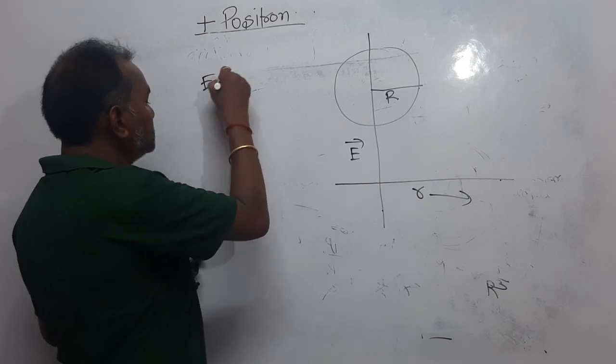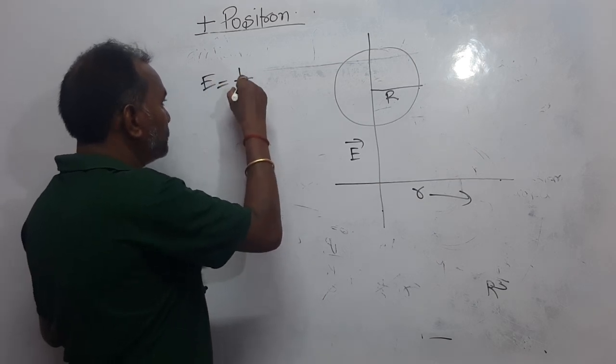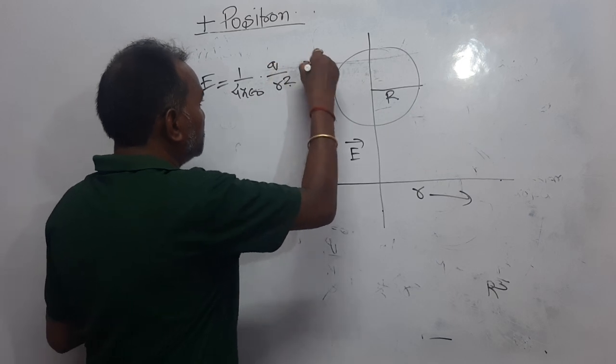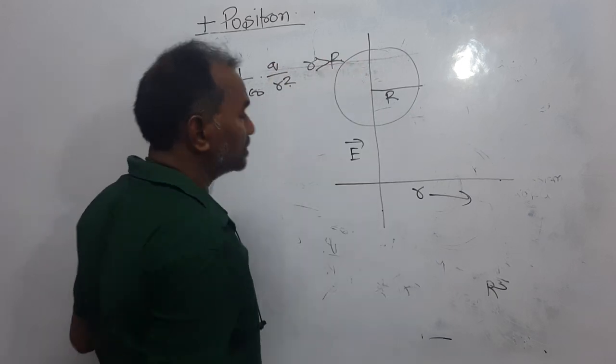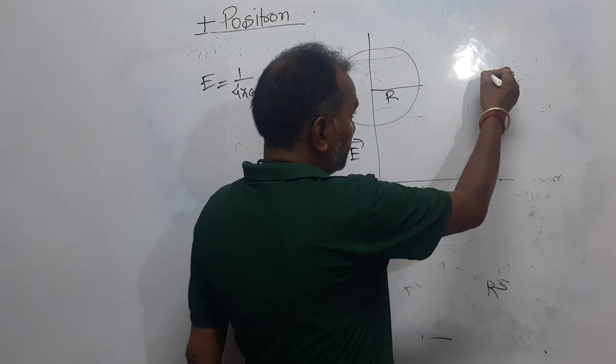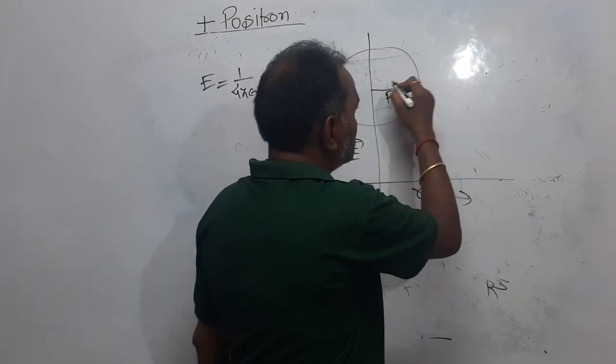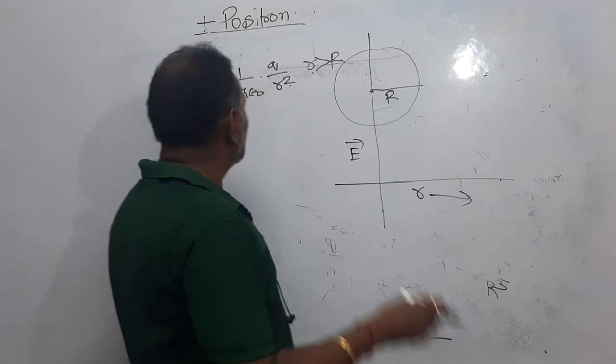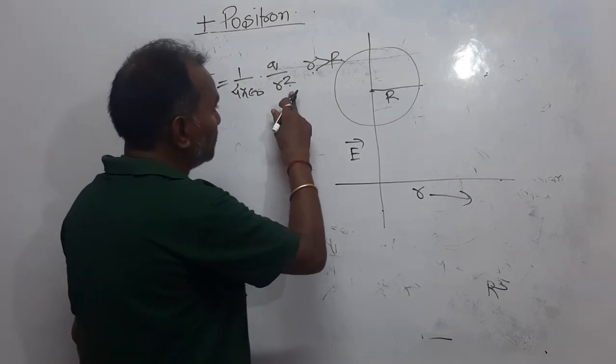Outside the sphere, E is equal to 1 upon 4 pi epsilon naught q upon r square. This is when small r is greater than capital R, means when the point is outside, then small r, the distance of point P from the center, is greater than capital R. So E is proportional to 1 by r square.